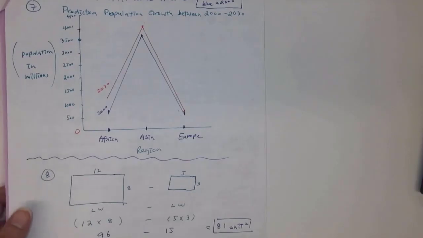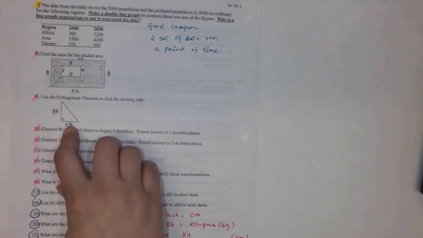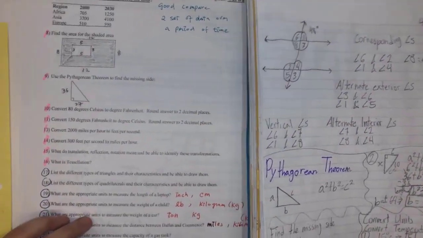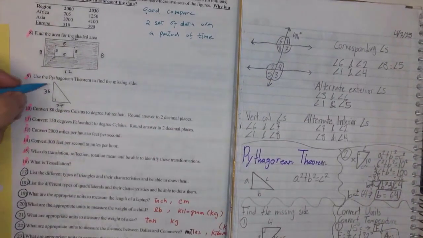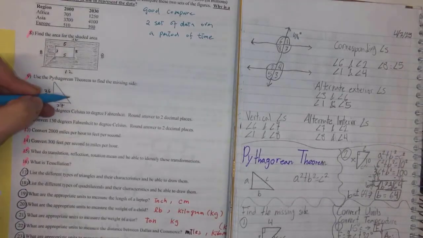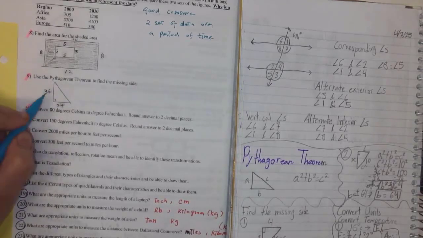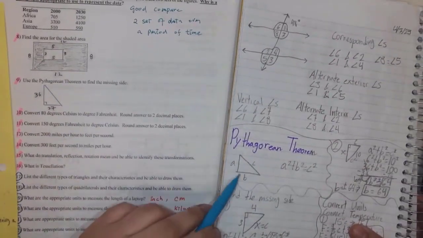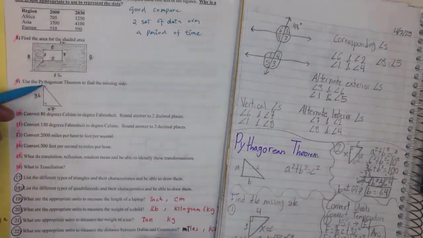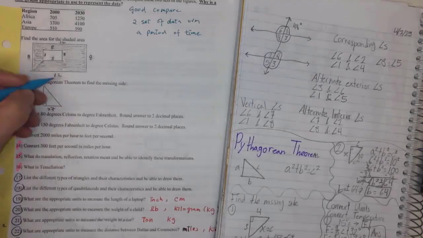I want you to find the missing one, and I could have a missing one on A, B, or C. Okay, so make sure you know how to identify which one is A, B, or C. To identify which side is missing, for the triangle, you try to find the right angle, and then those, you'll know like if it's A, B, whichever, they don't matter. And then the long side, the long side is the C side.